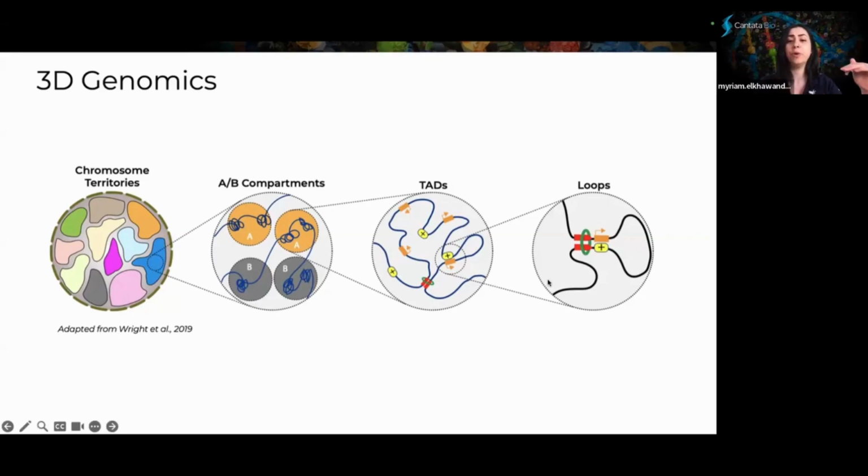And if you zoom in more, you're going to see the loops. And the loops is that physical folding that is bringing regulatory elements, such as an enhancer, together with a promoter to activate the gene expression and recruit the transcription machinery. So this is a different level of the organization that you see.